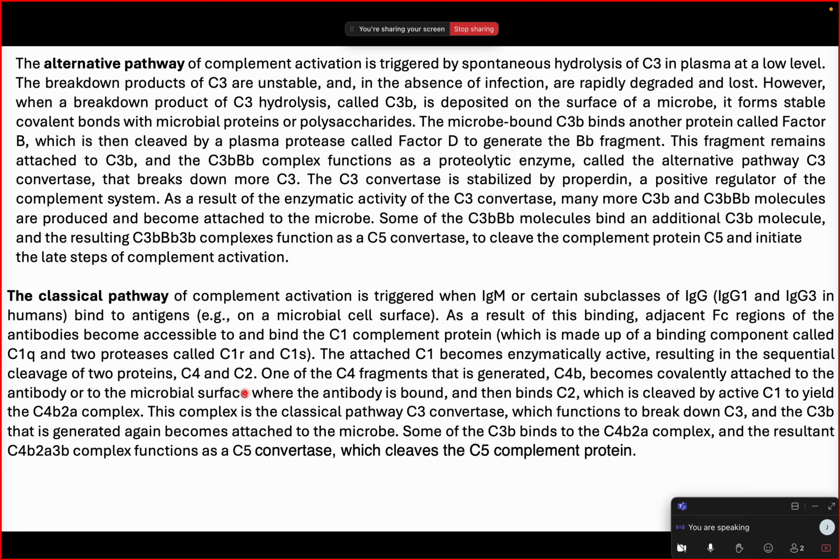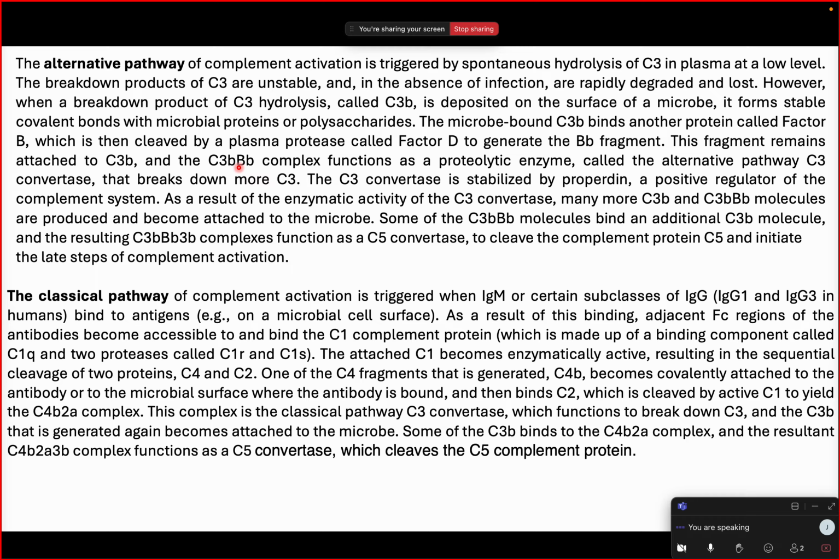One of the C4 fragments that is generated, C4b, becomes covalently attached to the antibody or the microbial surface where the antibody is bound, and then binds C2, which is cleaved by the active C1 to yield the C4b2a complex. This complex is the classical pathway C3 convertase. So till now we have seen two C3 convertases.